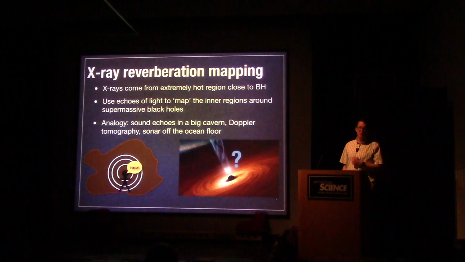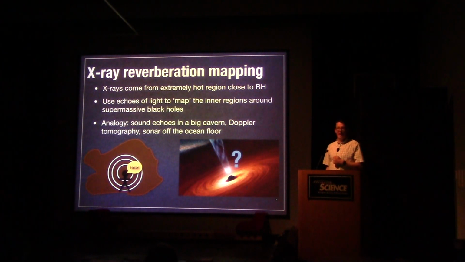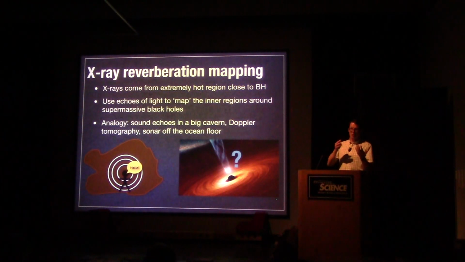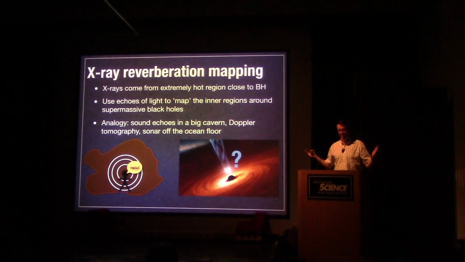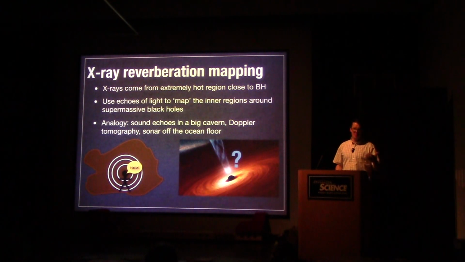Right? This is not so different from hearing echoes in a cavern, right? So you stand in a cavern, you shout your name, you hear the echo. If you measure how long it is until you hear the echo, and you know the speed of sound, you can figure out the size of the cavern, right? Same principle that sonar on the ocean floor works, right?